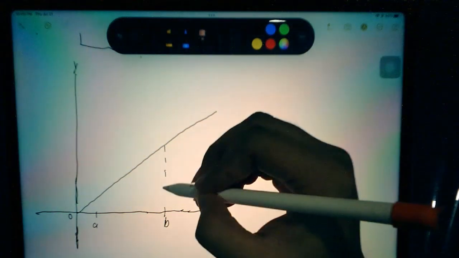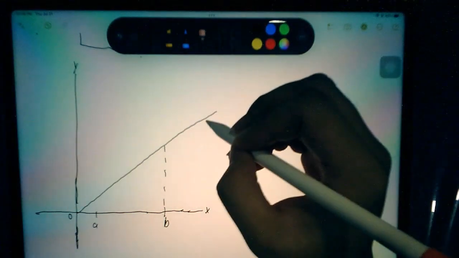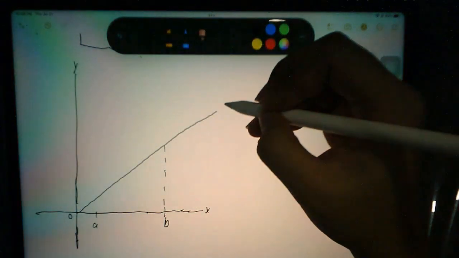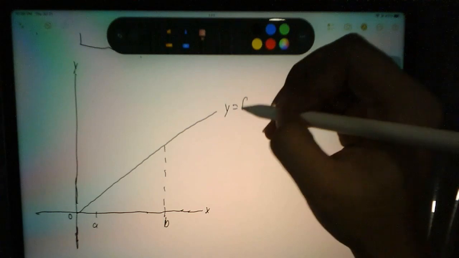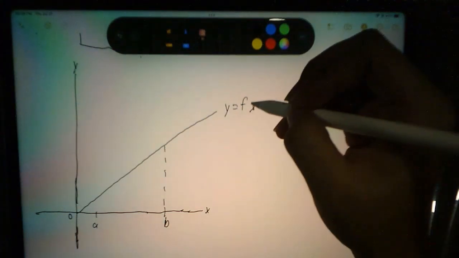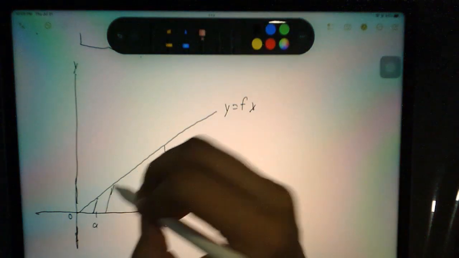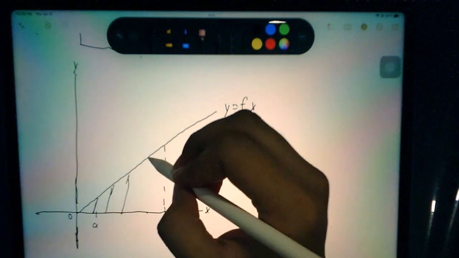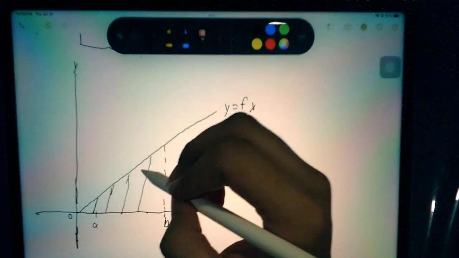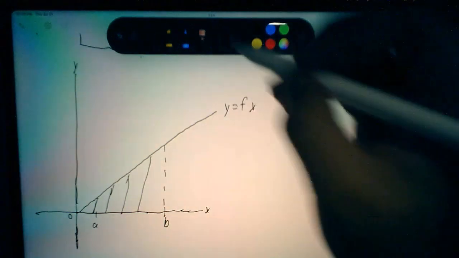This line here is just equal to y equals f of x. Now this area is what we should be investigating or solving.